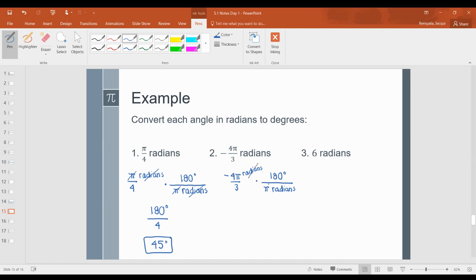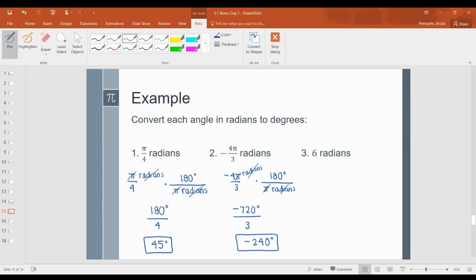Then notice that the radians are going to cancel. And once again, there's a pi in the numerator and there's a pi in the denominator, and those are going to cancel as well. So when I start multiplying straight across, negative 4 times 180 is going to be negative 720, and there's degrees with that. The only thing that I have in the denominator is 3. When I divide, it looks like we get negative 240 degrees.